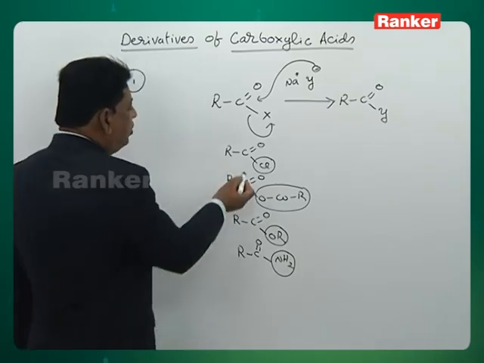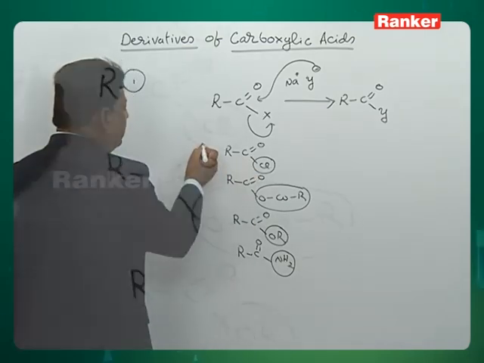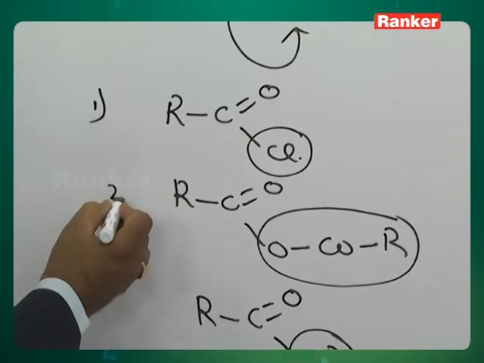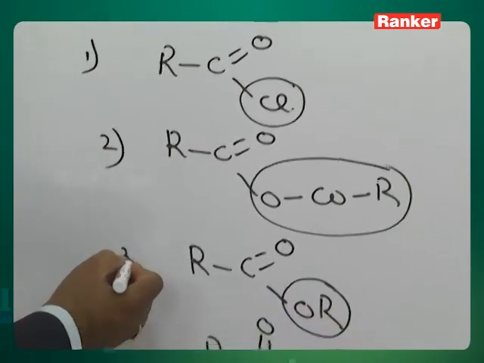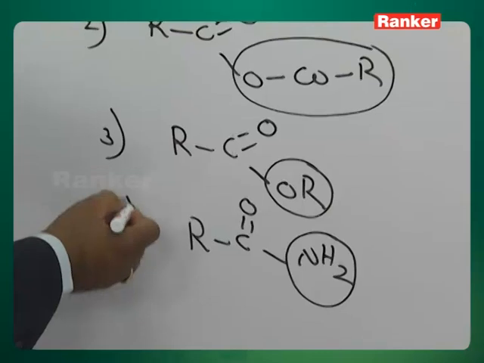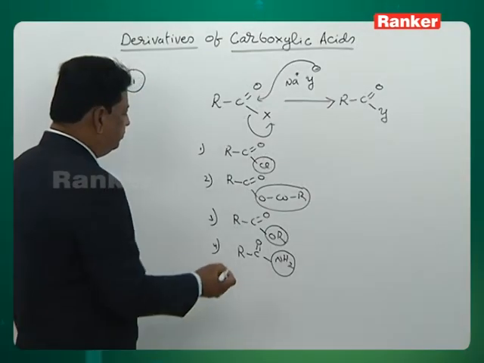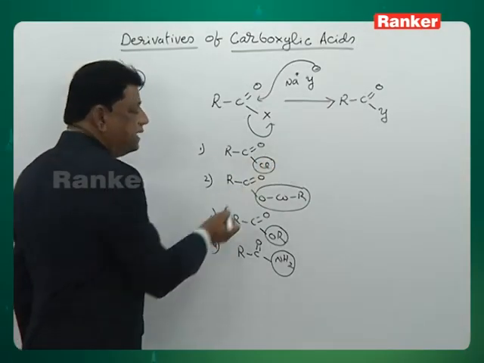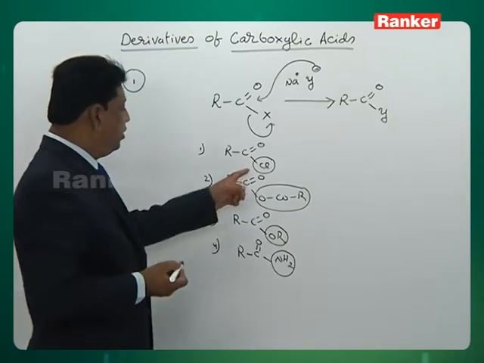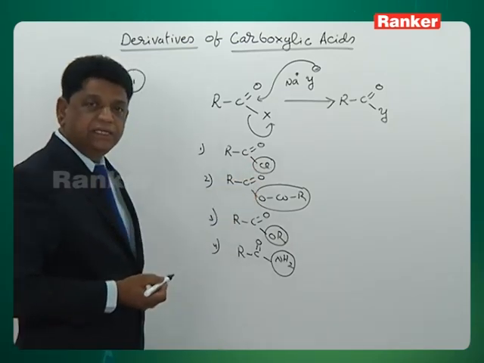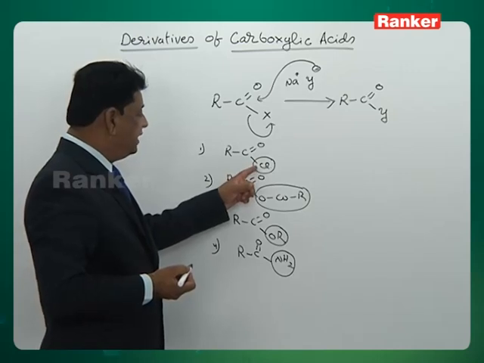So, actually the outgoing property will be number 1 in the halogen compounds, number 2 will be the acid anhydrides, number 3 will be the acid esters, number 4 will be this one. Because HCl is a strong acid, its anion will be the weakest base.